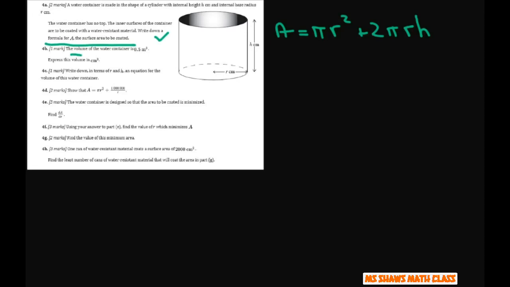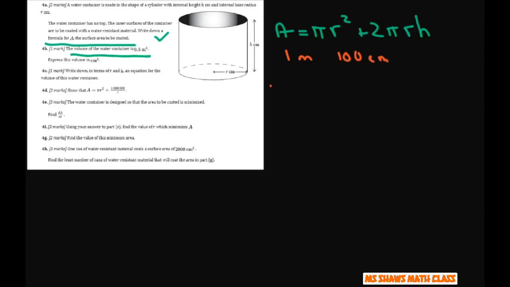The volume of the water is 0.5 meters cubed. Express this volume in centimeters cubed. So basically, to convert from meters to centimeters, there's 1 meter to 100 centimeters.